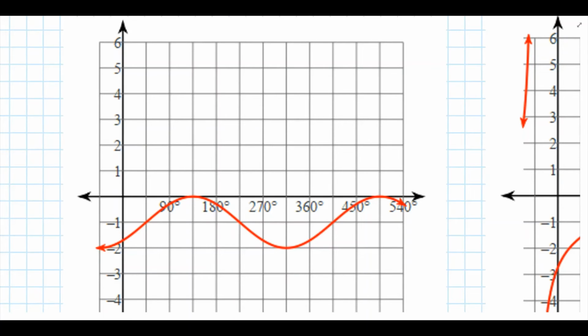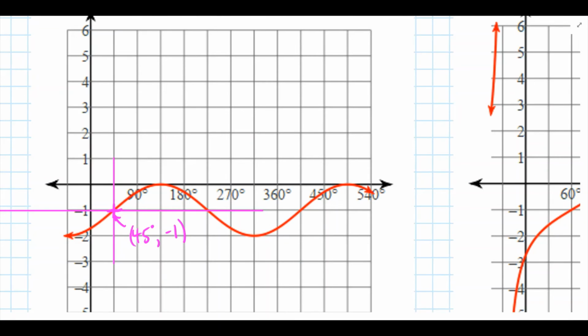To find the sine function that fits this graph, we could say that the new origin and axes are located here, which are 45 degrees to the right and 1 unit down from the initial origin. This means that our C value is negative 45 and our D value is negative 1.